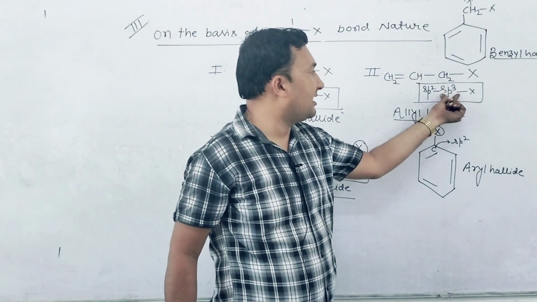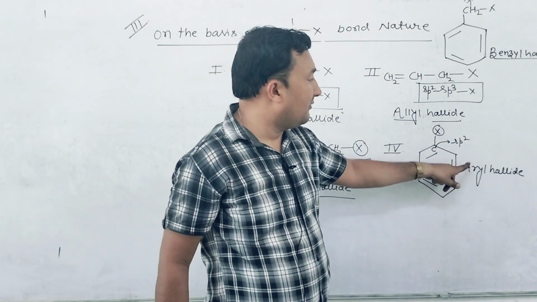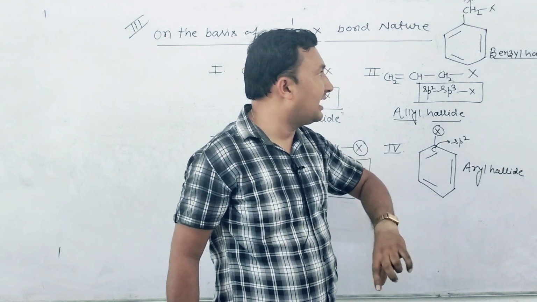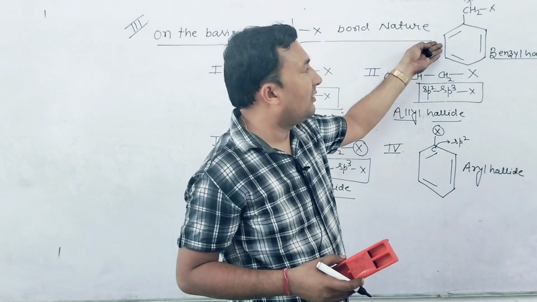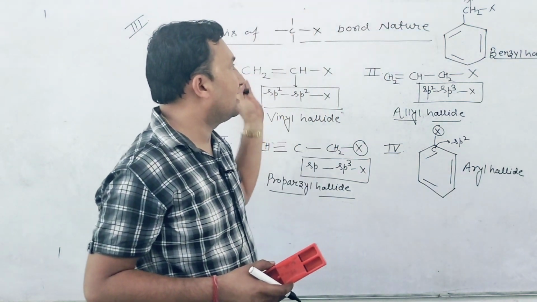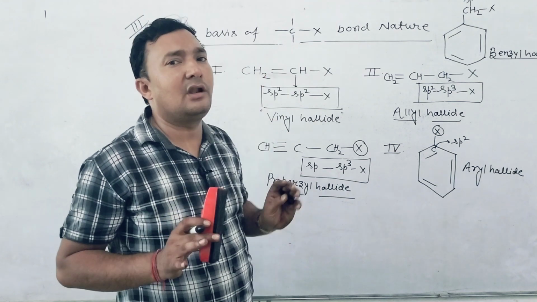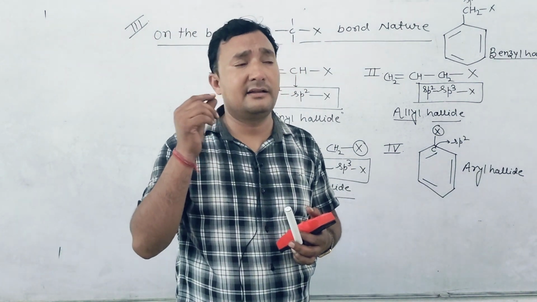If the halogen is attached to sp3 carbon and the neighboring carbon is sp2, we call it allyl. When the halogen atom is directly attached to the aromatic ring, we call it aryl halide. And if it is attached in a sideways form like this one, we call it benzyl halide. So these are the categories present within the C-X bond nature, and this was the whole classification of alkyl halide or aryl halide.